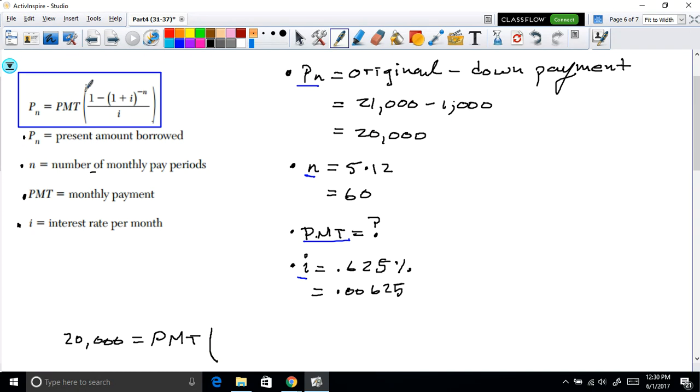Big parenthesis, 1 minus, parenthesis, 1 plus I. But notice that we know the value of I. I is right here, 0.00625. So that will be minus 0.00625.